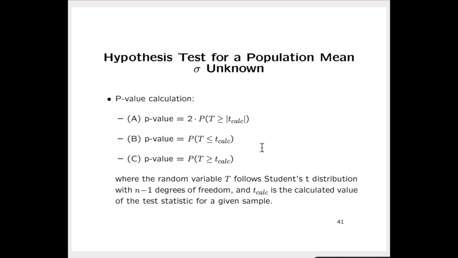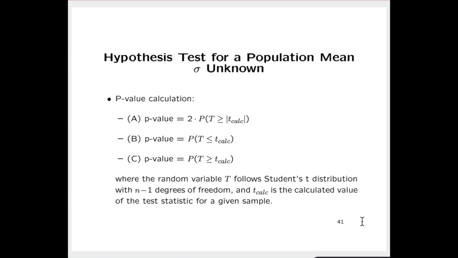Again, as we saw when we were using the z-test, notice that in the formula for the p-value for a two-tailed test, we're taking the absolute value of t-calc, whereas we're not taking the absolute value in the left-tailed or right-tailed test calculations for the p-value. Okay, so this is the procedure for performing a t-test for testing hypotheses about a single population mean.